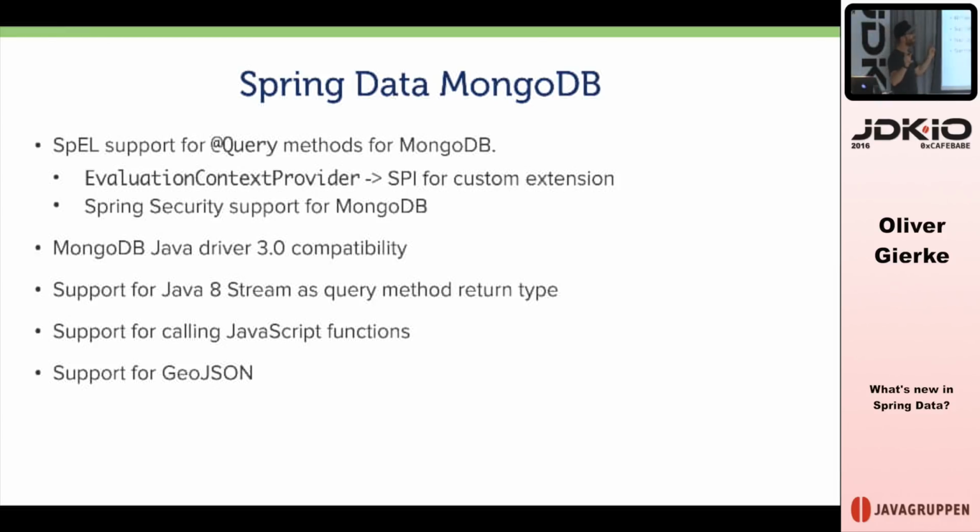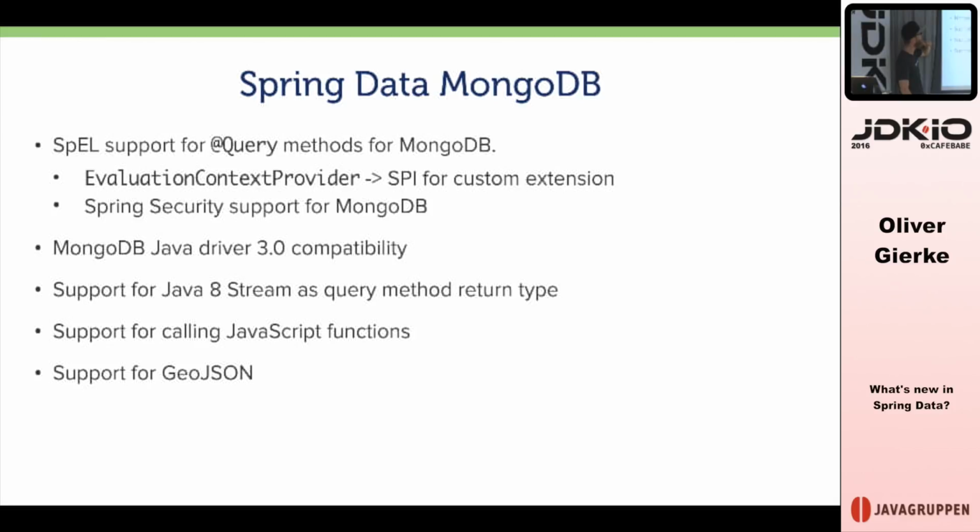So we allow you to customize your JPQL queries with custom expressions where you can do things like return all customers if the user is an administrator, or only the ones he or she personally created, right? So you can do security expressions in the queries.